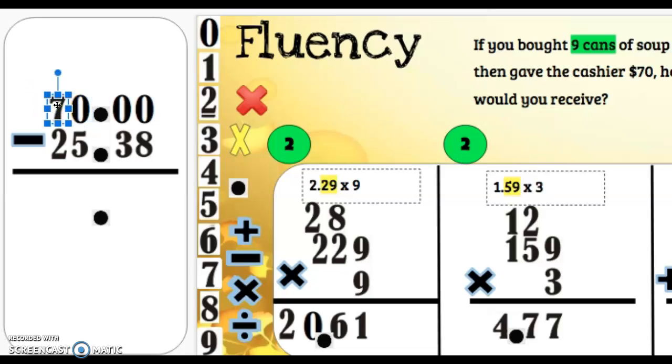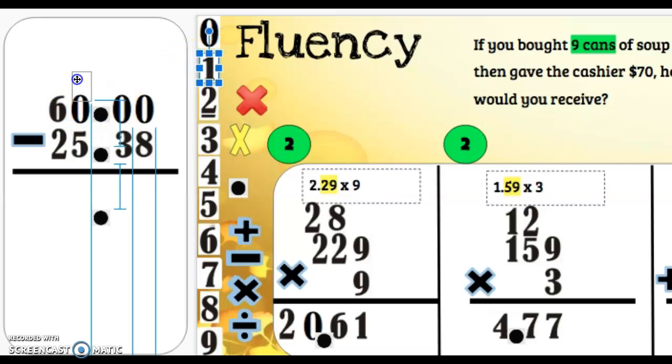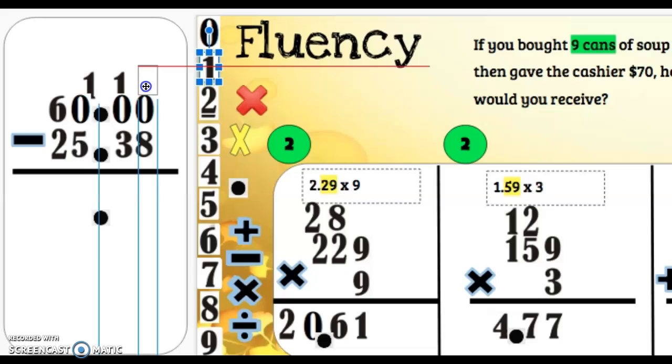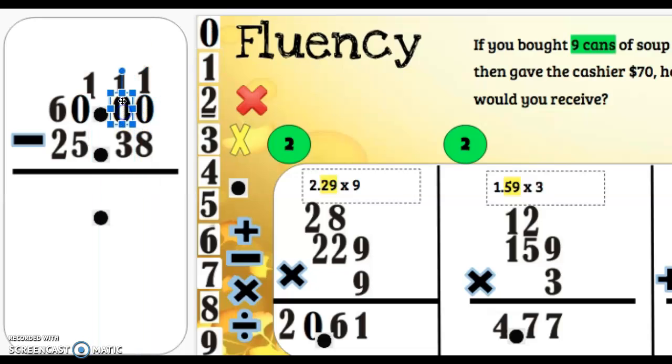So I have to take from 7 because 7 is the only thing that has value here. So the 7 becomes a 6. And all my zeros become tens. But in order for us to make that last 0 a 10, the 10 that's in my tenths place and the 10 that's in my ones place both have to become 9s.